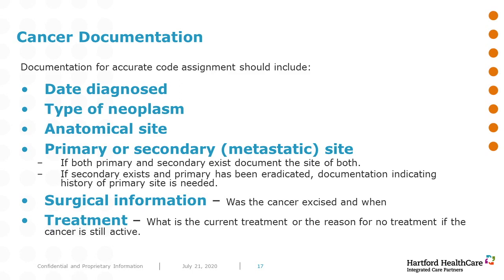Documentation for accurate code assignment should include the date the cancer was diagnosed, the type of neoplasm, the anatomical site, whether it is a primary or a secondary site, surgical information if they've had it surgically removed, and what treatment that patient is currently under or going to be starting for that cancer.